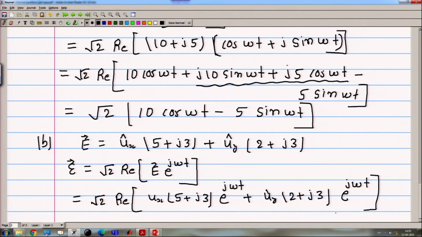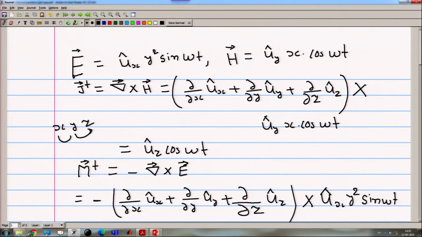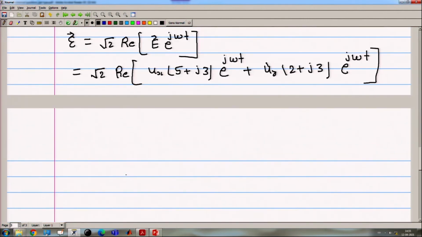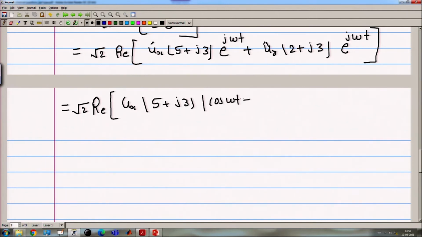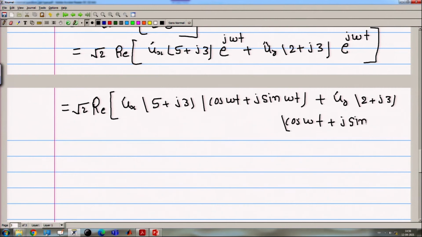So, here we can write e to the power j omega t as root 2 real part of ux, so these all are the unit vector ux, (5 plus j3)(cos omega t plus j sin omega t) plus uy for the second term, (2 plus j3)(cos omega t plus j sin omega t).